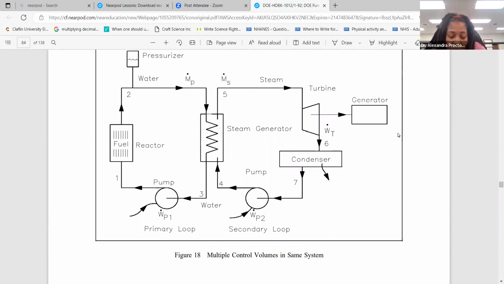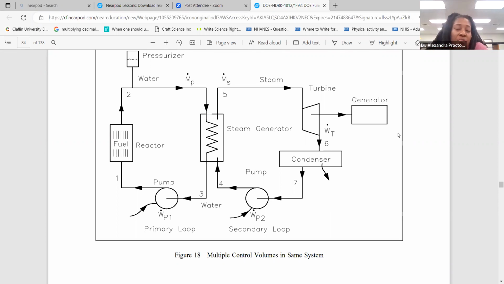This is definitely an open system because you see energy going in and out of the system, and mass going in and out of the system. Graphically, they're trying to show you that this is an open system, and this is why they use the equations that they use.